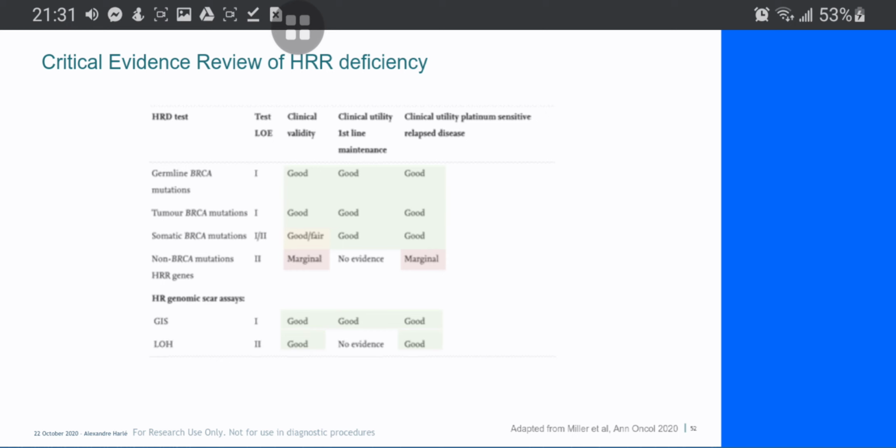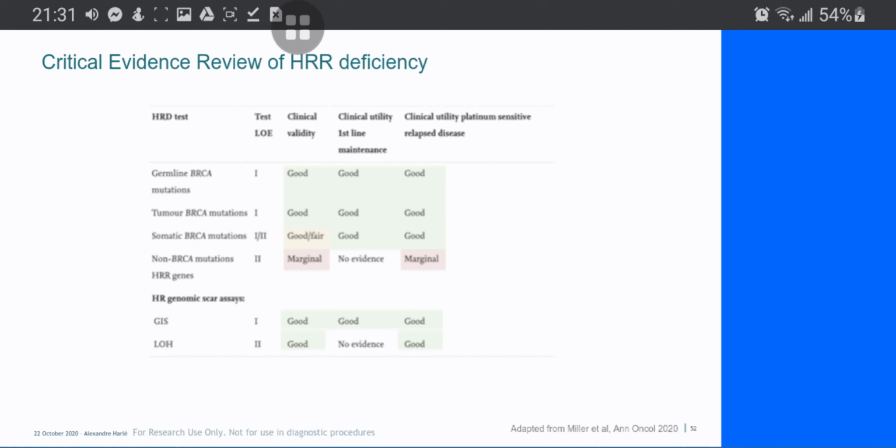And then the non-BRCA mutations have a low level of evidence. And finally, the HR genomic scar assays also show a good level of evidence in clinics, in first-line maintenance and in relapsed disease. So genomic instability scores and LOH scores are also useful in clinics.